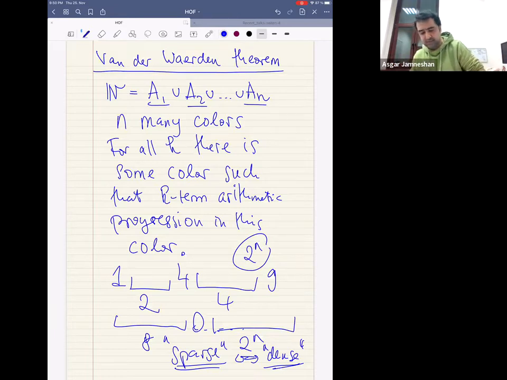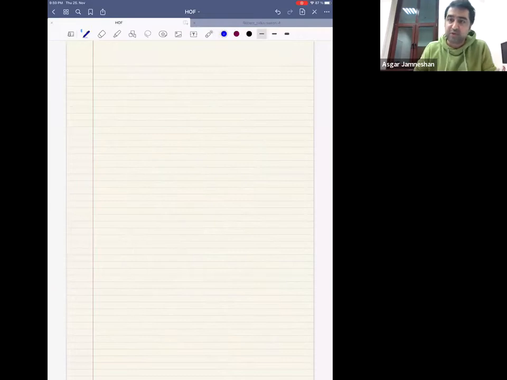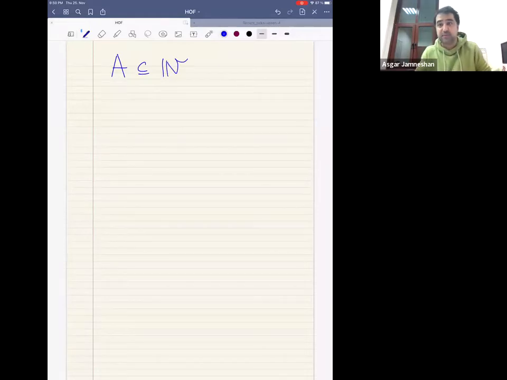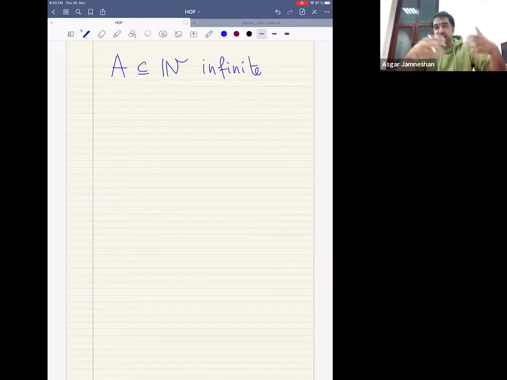So let's see what this means. One way to capture this notion is as follows. You take again a subset A of the natural numbers, some collection of numbers you choose, and you choose infinitely many of them.